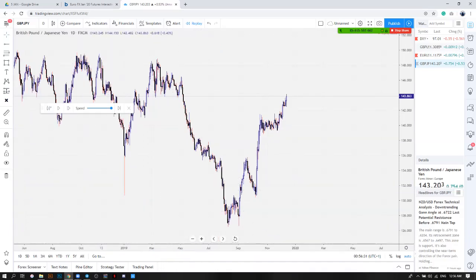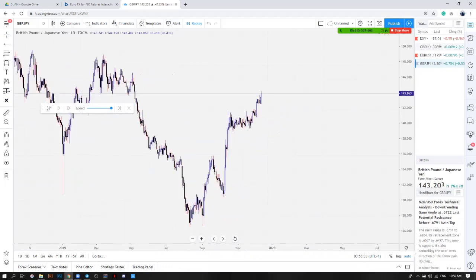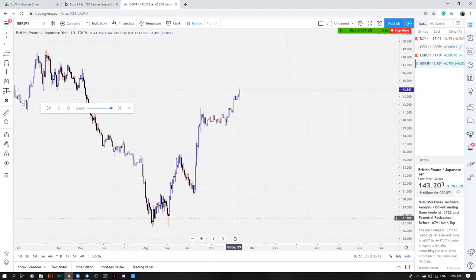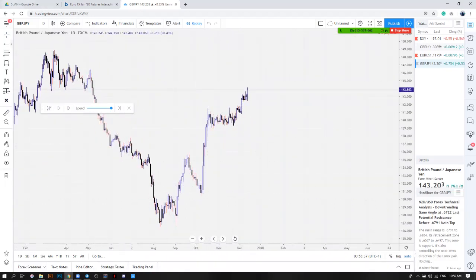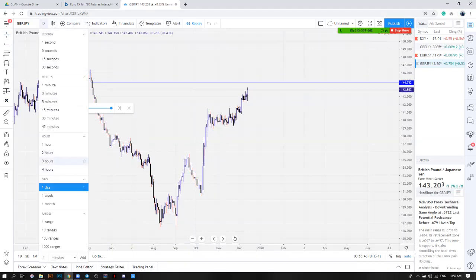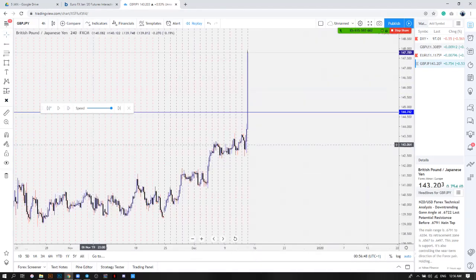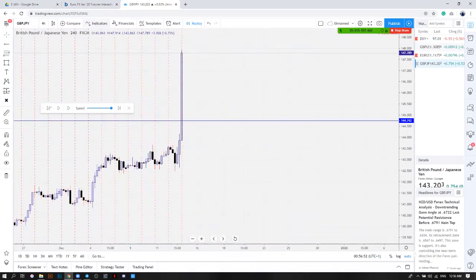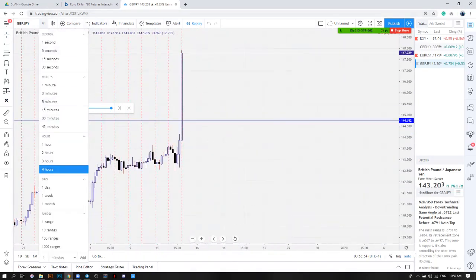Market goes up. GBP, JPY. Okay, so other block.